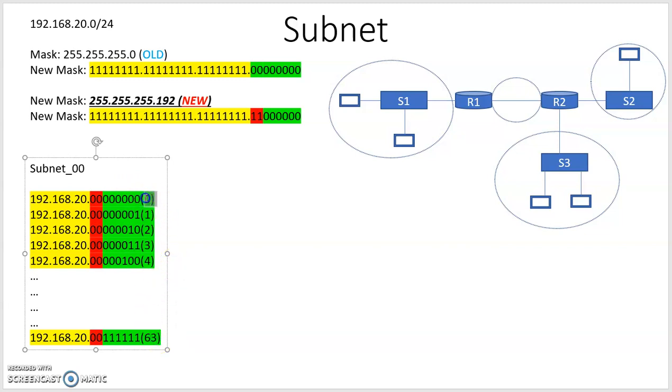And as I mentioned earlier, the first one, this 0, is the subnet address or network address, or sometimes people refer to it as network number. So that is the network address. And the last one, 63, that is the broadcast.